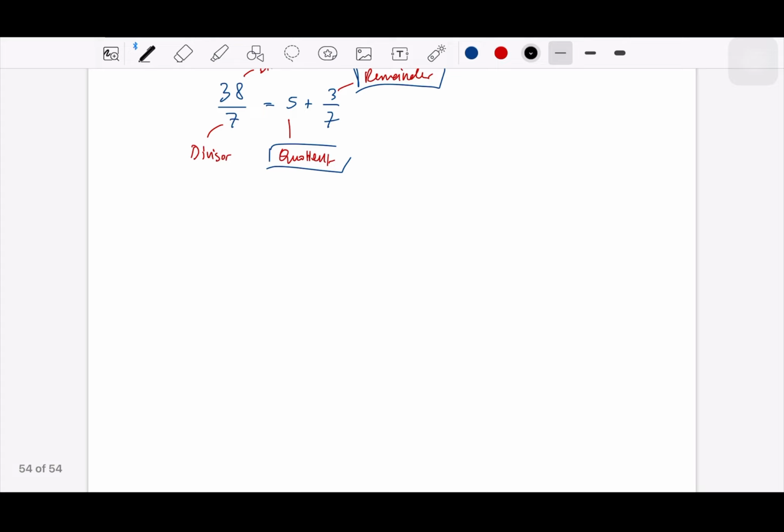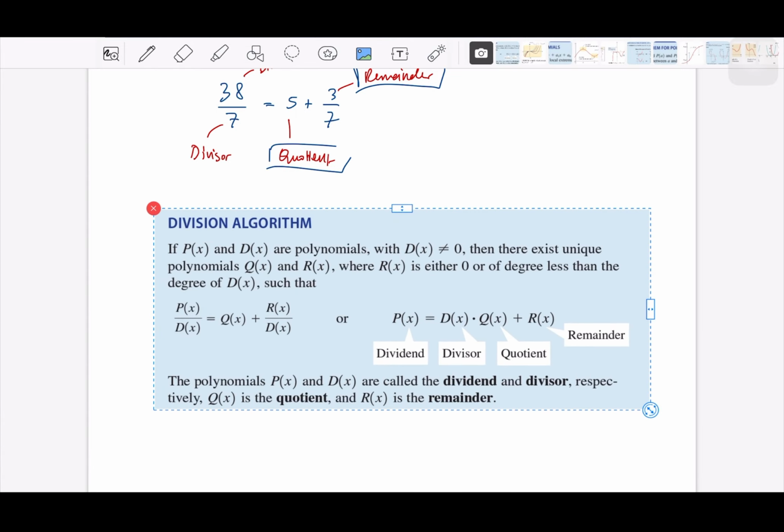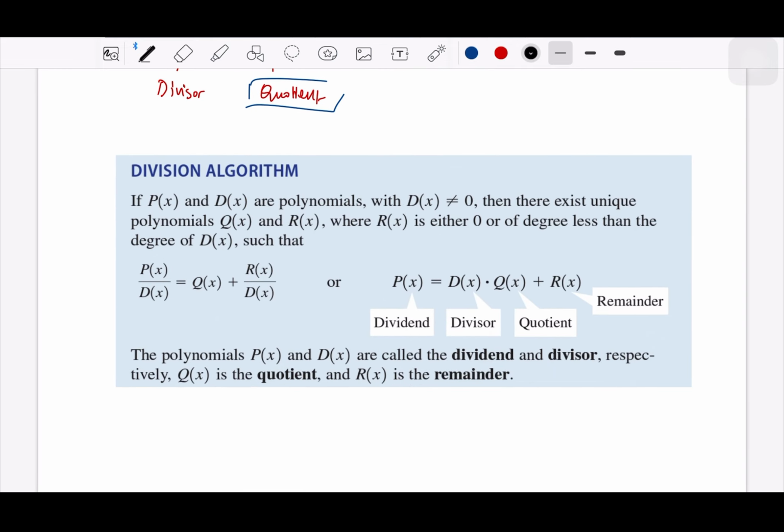Let me give you the basics. So how to divide. If p of x and d of x are both polynomials with d not equal to 0, then we will have another function of polynomials when we rewrite p of x divided by d of x.